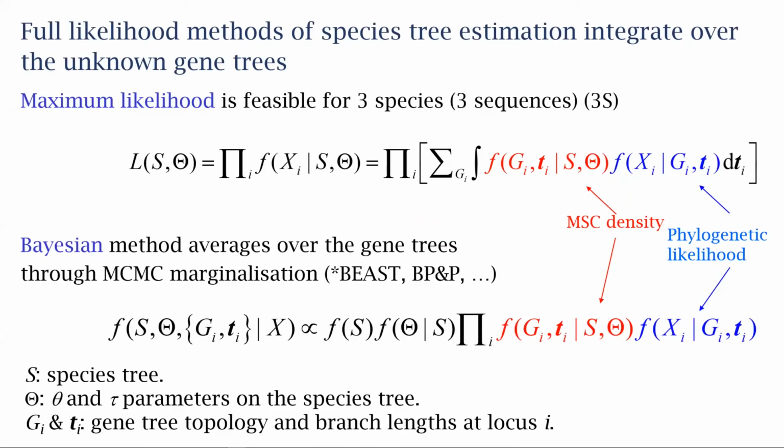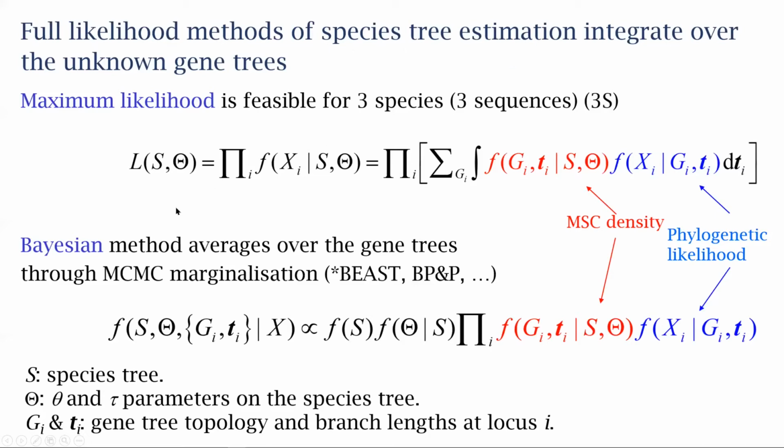My work, this talk, is mostly based on full likelihood methods. So I just gave you a flavor of how that's done. Let's say we talk about the max likelihood method for estimating the species tree.